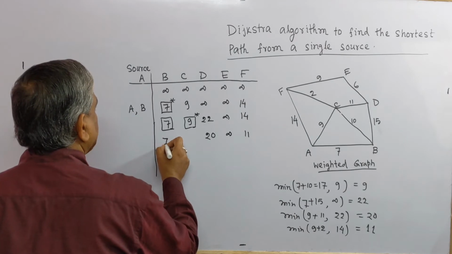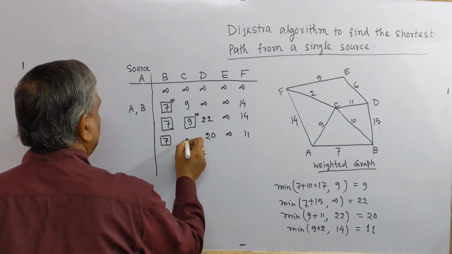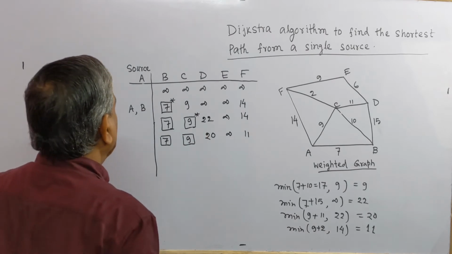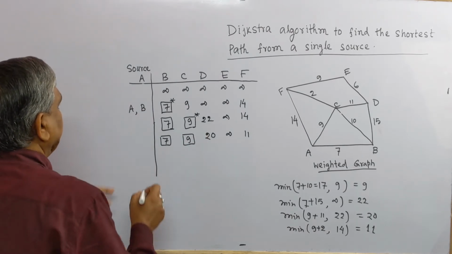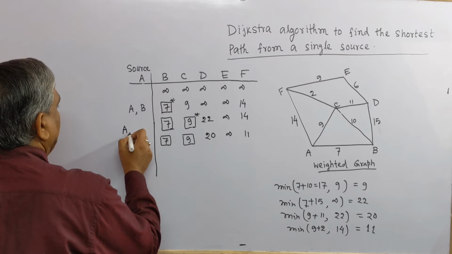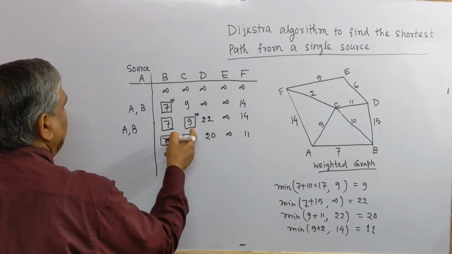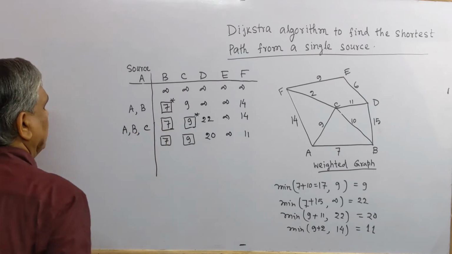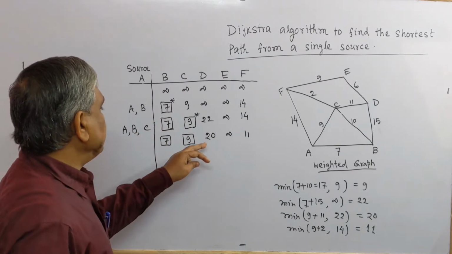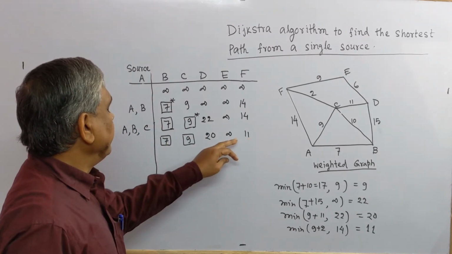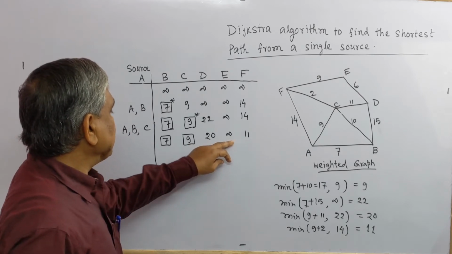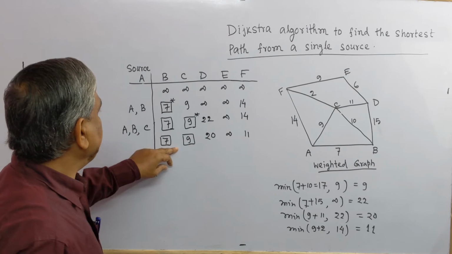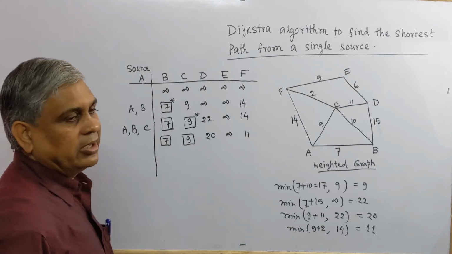Now here we write 7, here 9, here we write A, B, and the secondary source is here C. Now we select the minimum of these numbers, as these vertices, B and C, were already selected.